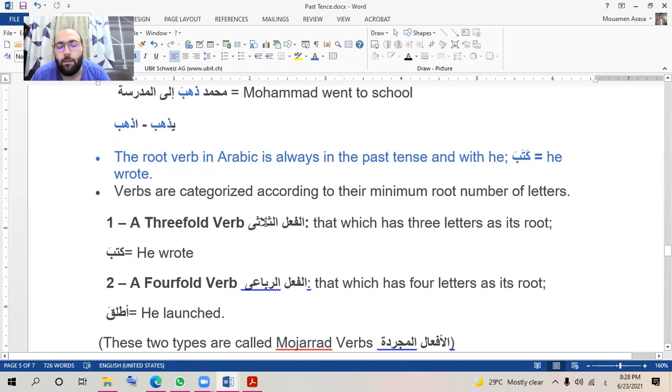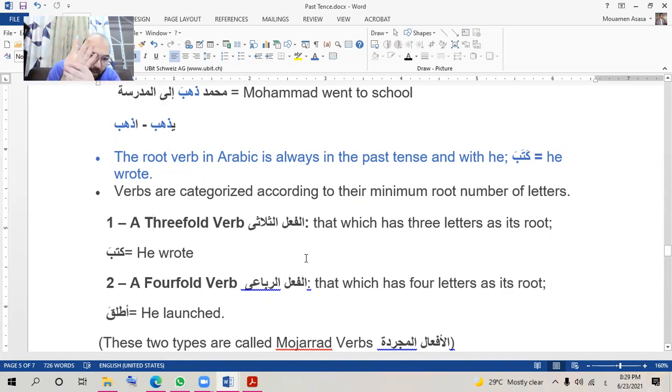I'm giving grammar. I want you to understand grammar. Now we are taking a grammar class. So maybe you knew this information before, maybe it's new information. I'm giving you the 101 of past tense in Arabic. In Arabic, we categorize the verbs. We go to the root, we see if the root is 3 letters, that means this verb is a fi'il thulathi, threefold verb.